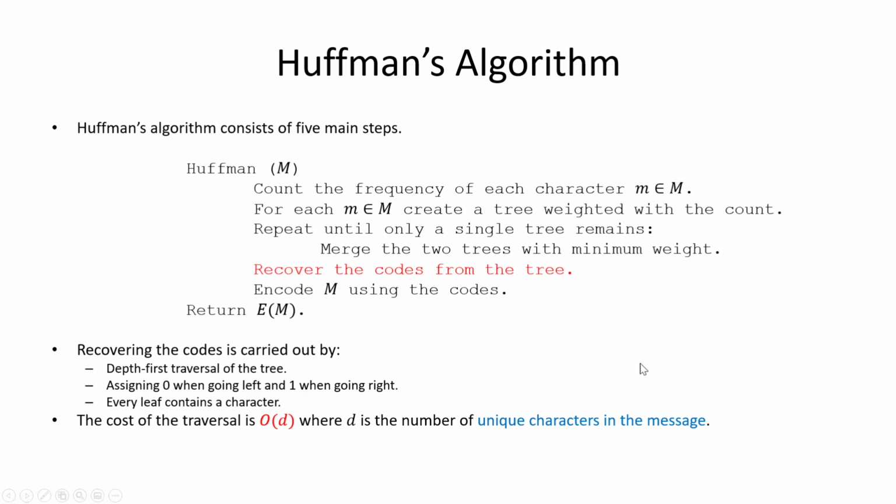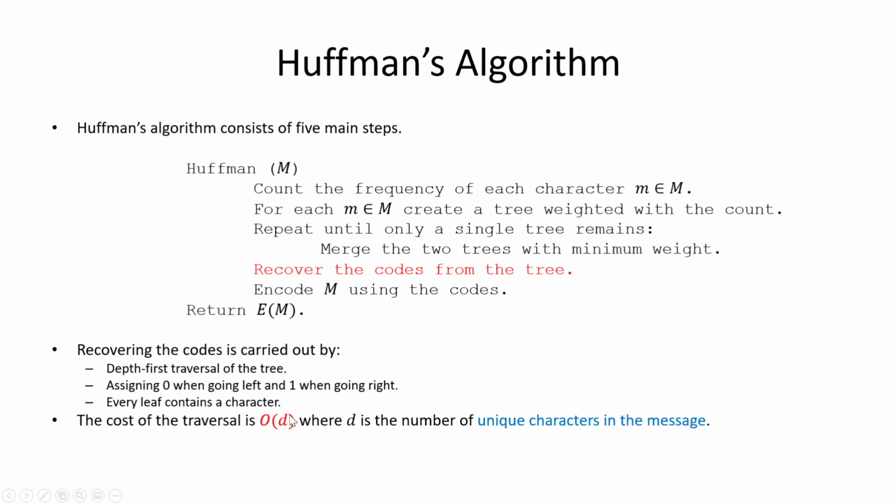All right, next we're going to recover the codes from the tree. Usually this is going to require a depth first search of the tree, or depth first traversal. When we go down left branches, we record a 0. When we go down right, we record a 1. And when we encounter a leaf which contains the characters, we report whatever code we read on the way down.